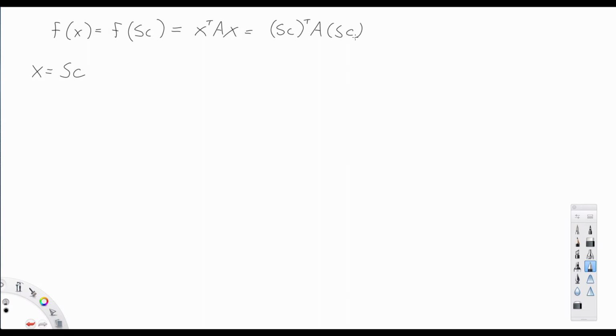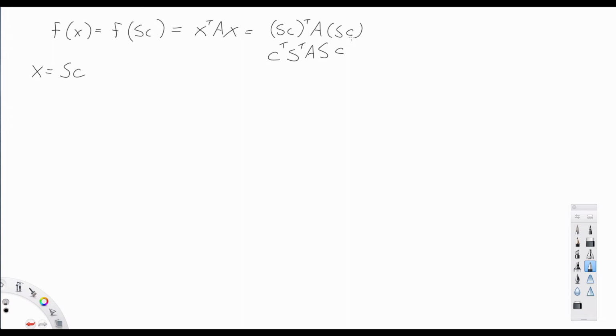And then if I multiply all of this out, we can simply rewrite it using identities of linear algebra as c transpose s transpose a s times c. And S, it turns out, is an orthogonal matrix.